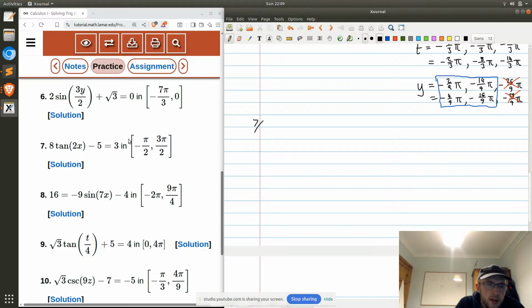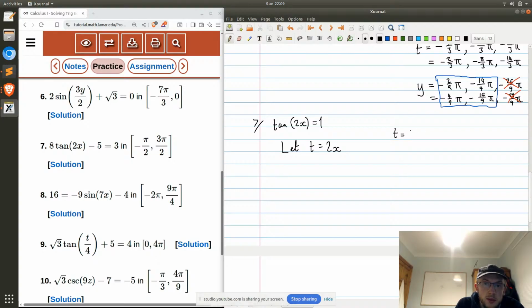So I move 5 to the other side, so I get 8. Divide by 8, get 1. So tan of 2x is equal to 1, which I like. So let t equal 2x. Did I do that right? I hope so. Yes, okay, that's fine.